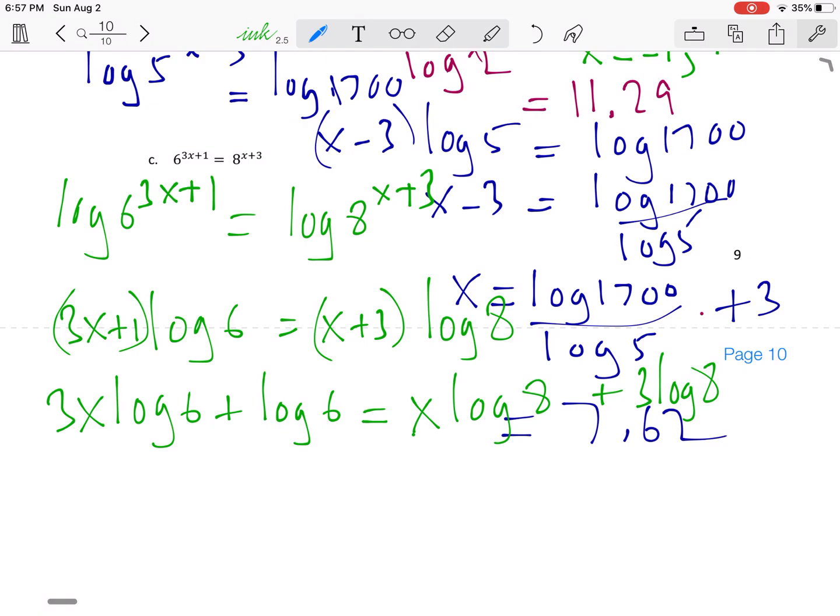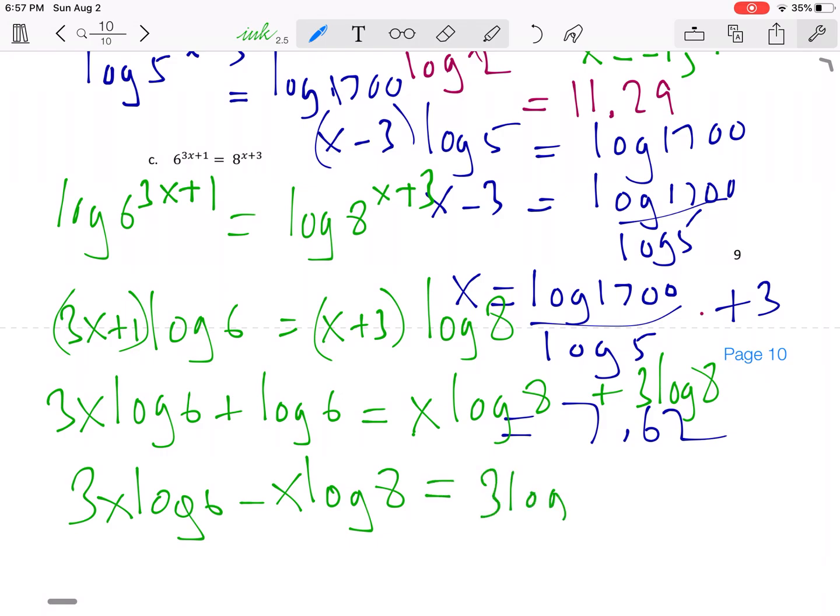Okay, and so remember we're solving for x, right? So let's put the things that contain x on one side. So we've got 3x log 6 minus x log of 8 equal to 3 log of 8 minus log of 6.